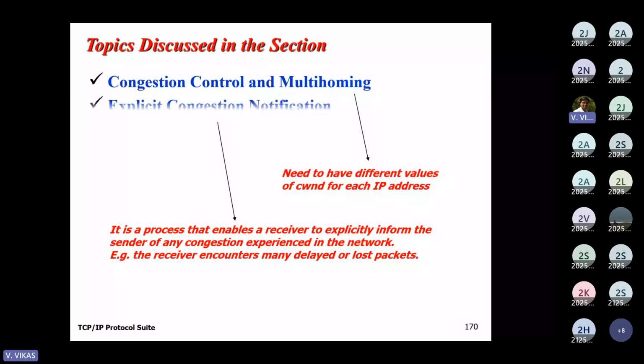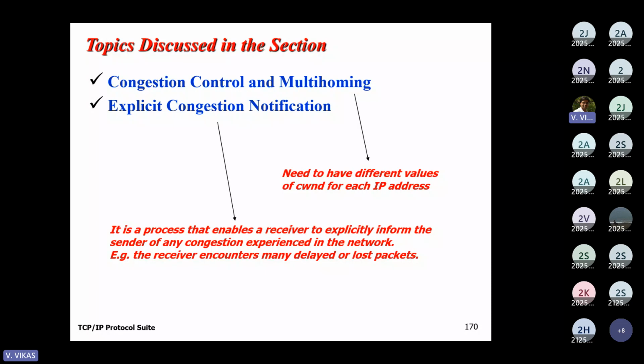Congestion control and multi-homing need to have different values of congestion window for each IP address, because in multi-homing we said we are going to have multiple IP addresses, right? So we need to maintain a congestion window for individual IP addresses. And explicit congestion notification means we are informing the sender whenever there is some congestion in the network.